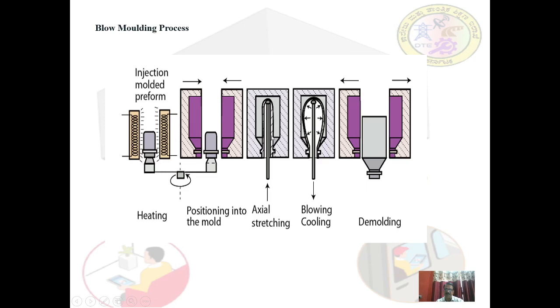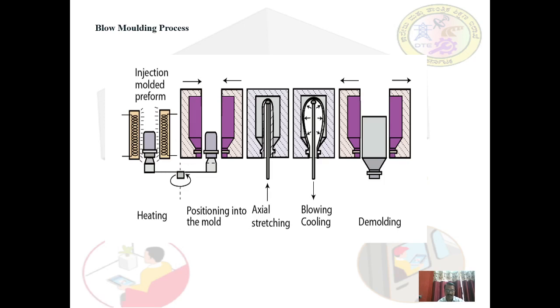A bottle shaped die is prepared, and the molten plastic material is introduced into that, and axial blowing is done so that the molten material or melt sticks to the inner surface of the mold, and then it is cooled by blowing cooling air so that after solidification the plastic material is solid, and by opening the mold we can take out the moldings. So this is about the blow molding.